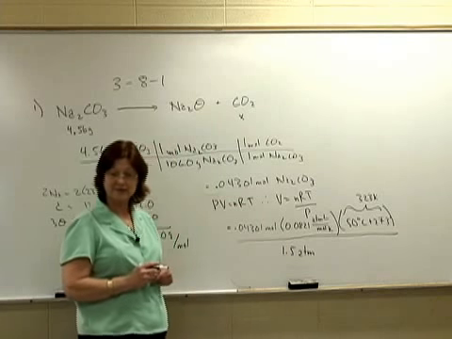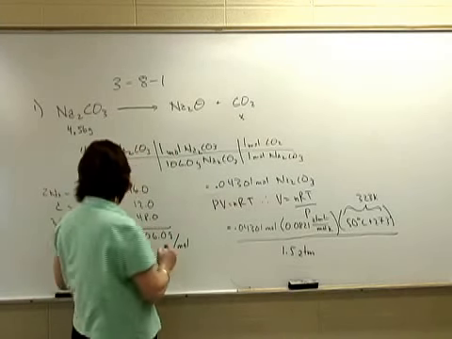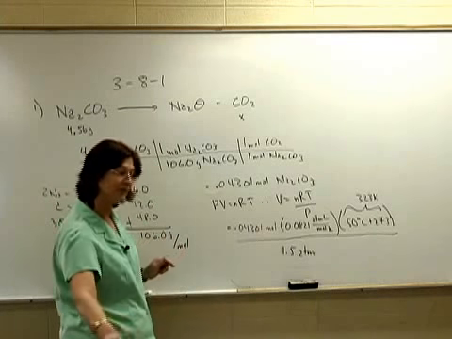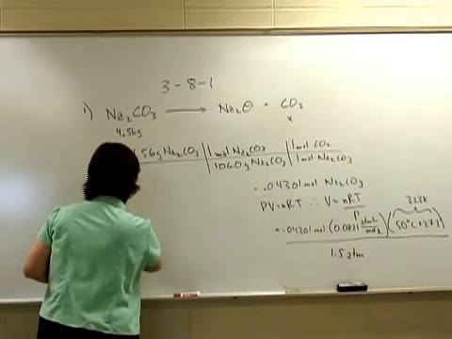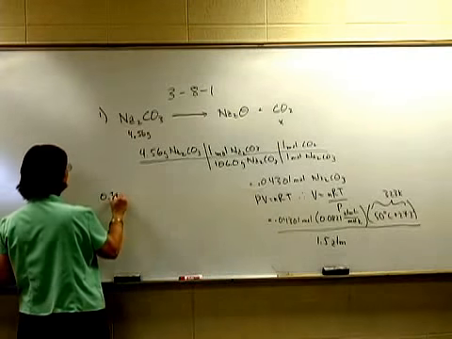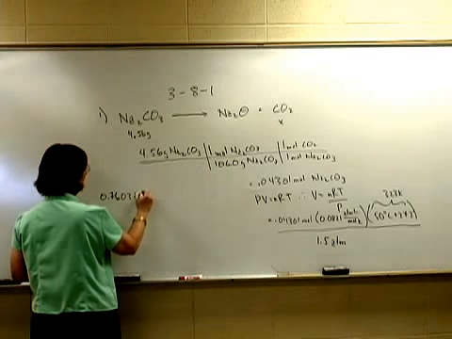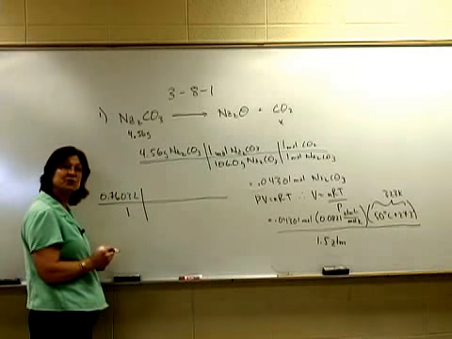Now, when I do the math for this, I'm going to erase this part here because we're going to make a conversion as well. The number first that I get is 0.7603 liters. And I'm going to change that to centimeters cubed.